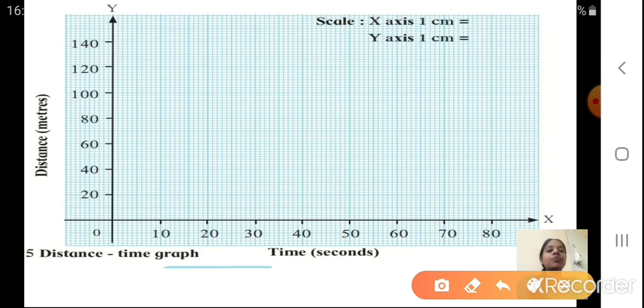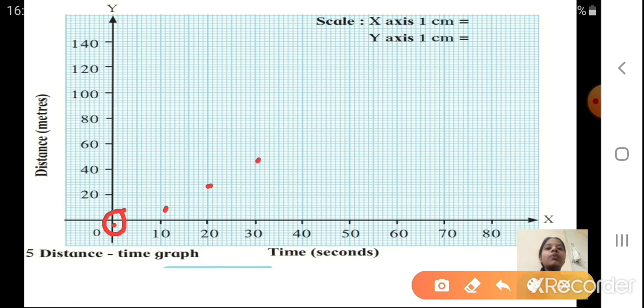Now for 0, it is my origin here, so this is my 0 point. Then next is my 10. For 10 it covered a distance of 15. For 20 it covered 30, and for 30 it covered a distance of 45.